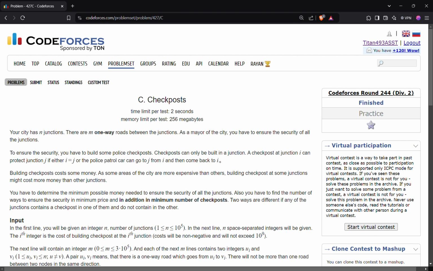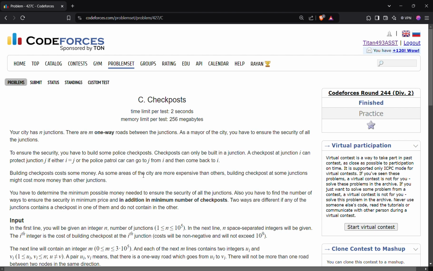A checkpost at junction I can protect junction J if either I is equal to J or the police patrol car can go to J from I and then come back to I. Okay, so there must exist a loop kind of a thing. So building checkposts costs some money.